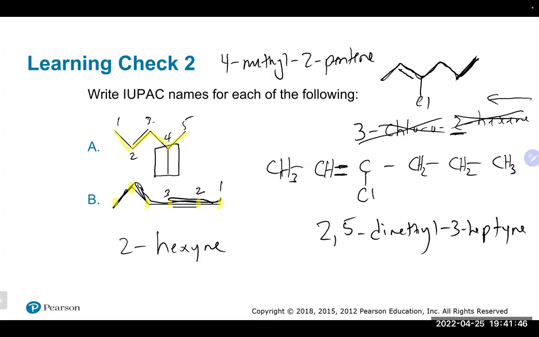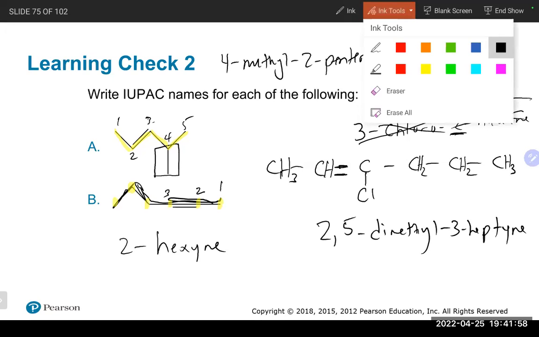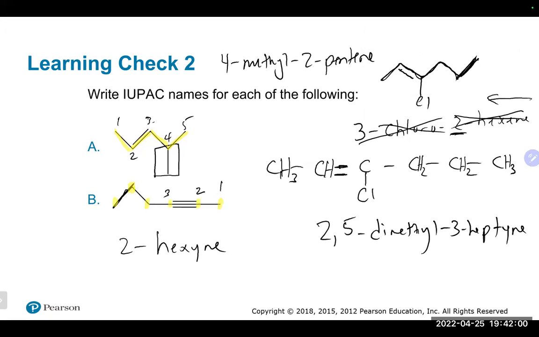What's that? For the carbons, you're talking? So there's a carbon right here at the very beginning. Carbon right here before the triple bond. Carbon right here after the triple bond. Carbon right there, and carbon right there.